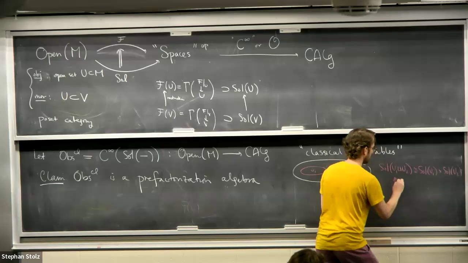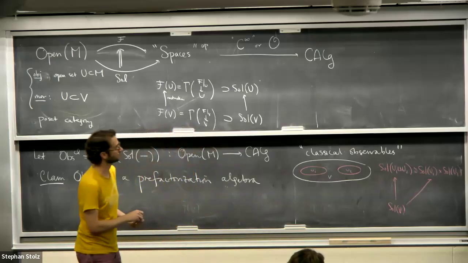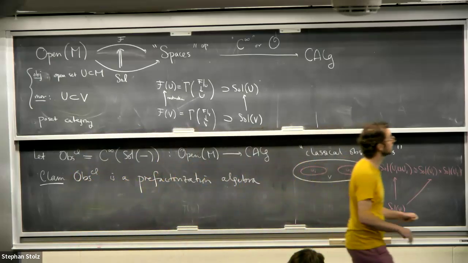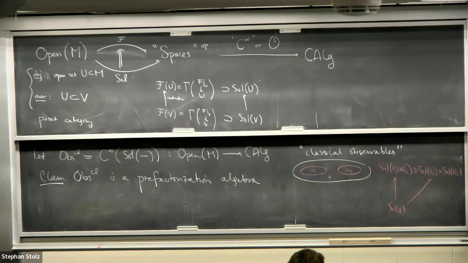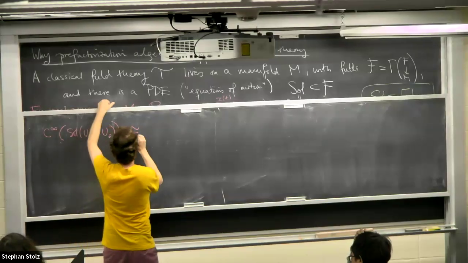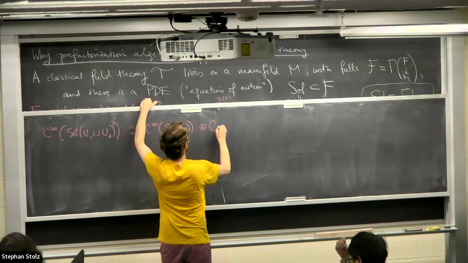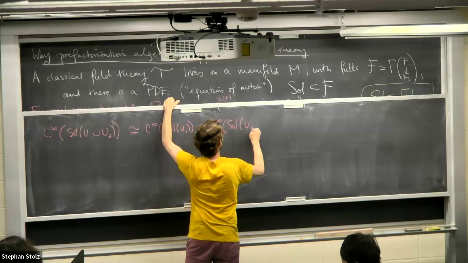We've already talked about there being a restriction map from solutions on B, so there's also a map like this. Now we take C infinity of, so this is a slight lie, smooth functions on solutions on U1, tensor C infinity of solutions on U2.